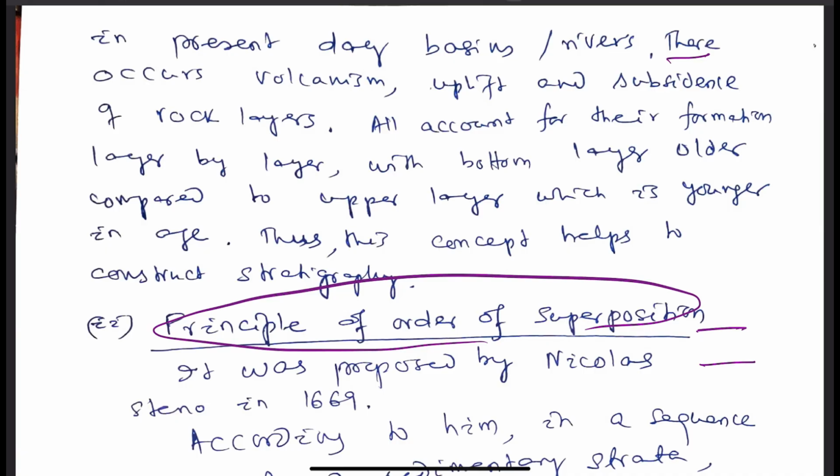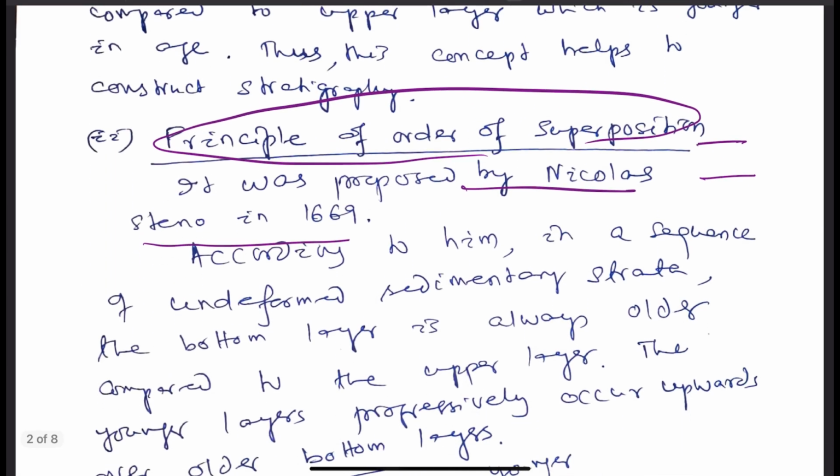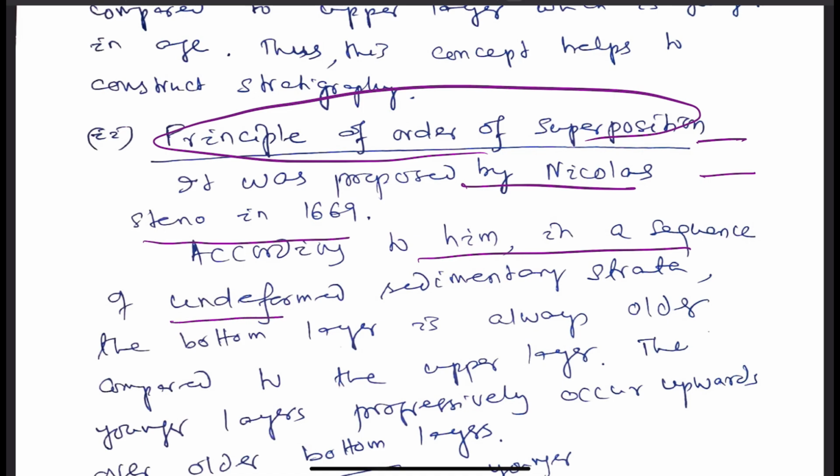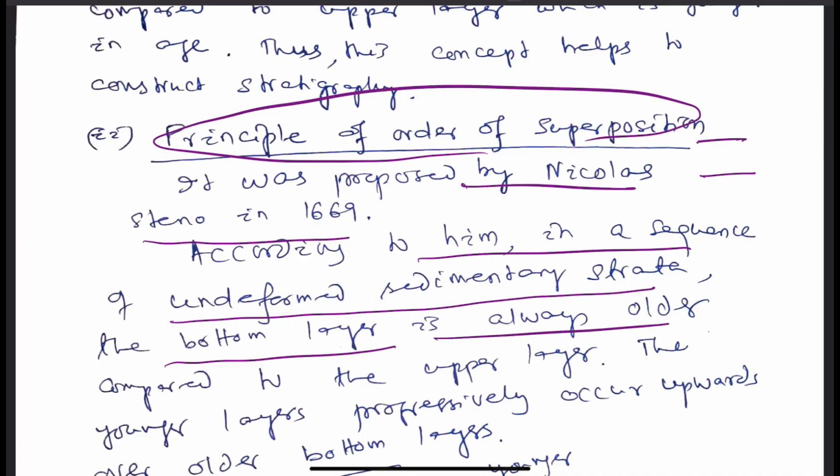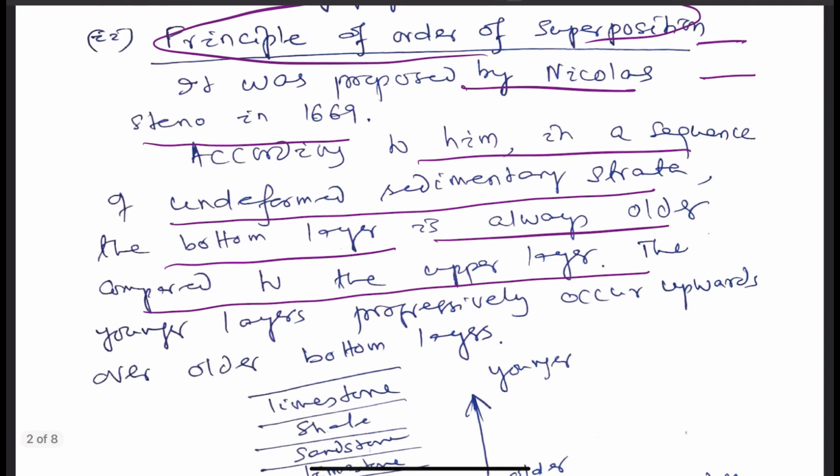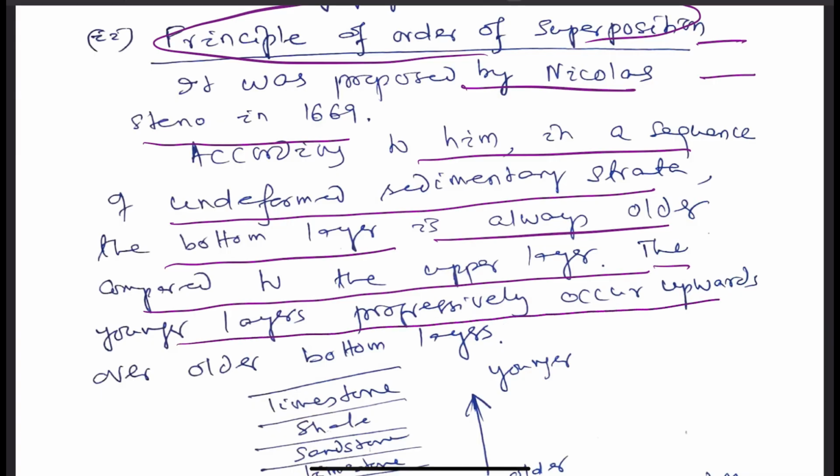This order of superposition concept was proposed by Nicolas Steno in 1669. According to him, a sequence of undeformed sedimentary strata presents bottom layers which are always older compared to the upper layers. The younger layers are progressively found to occur upwards over the older bottom layers.